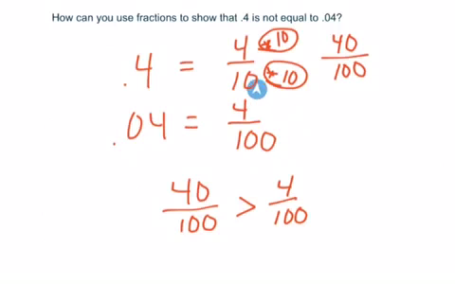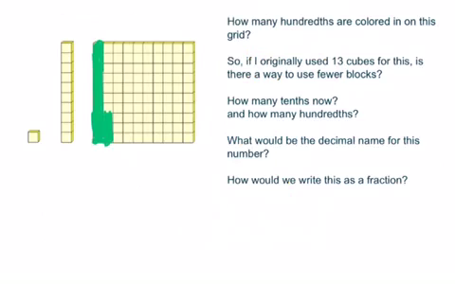So pretty easy for me to change 4 tenths into 40 hundredths by knowing 10 times 10 is 100. Whatever you do to the bottom, you gotta do to the top. So 4 times 10 is 40. Now I'm comparing 40 hundredths and 4 hundredths. So clearly they're not equal. Okay, hopefully you had something along those lines in your notebook.